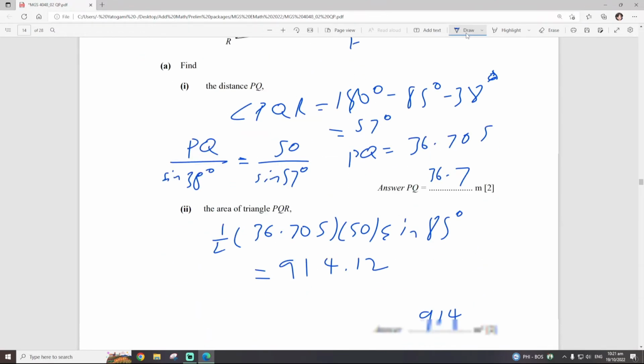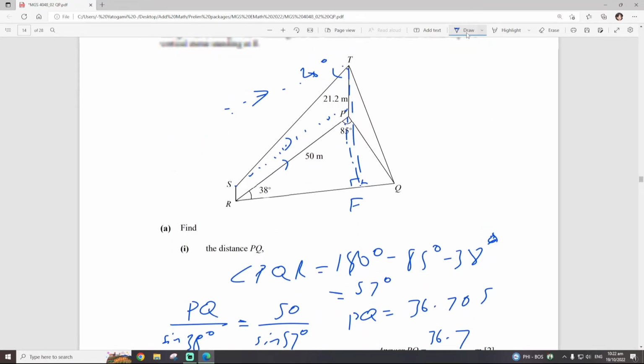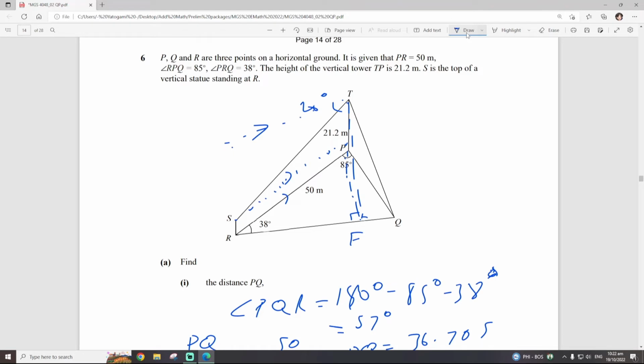Okay, so find the height of the statue. So one can see that TP sine 20 degrees, so this is 20 degrees. Is it sine? Or no, I don't think so. Wait, yeah, it is tangent.